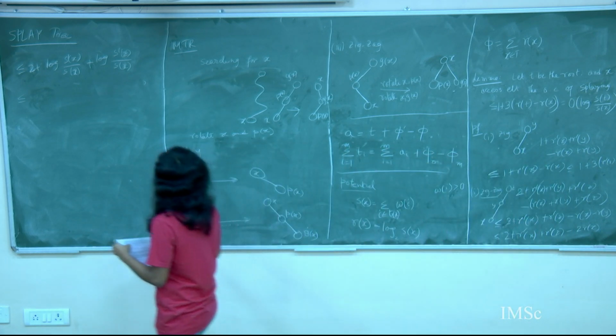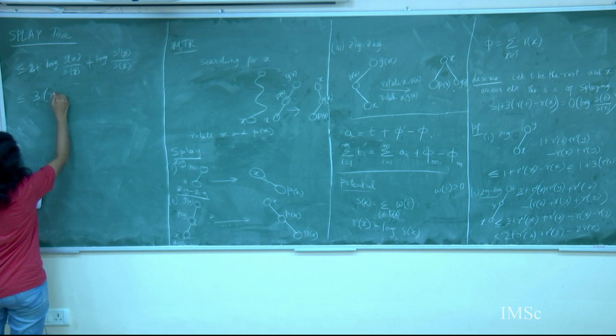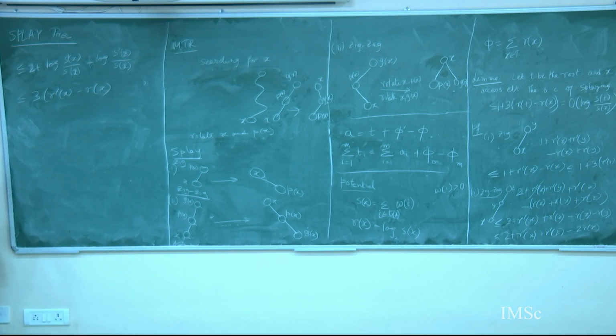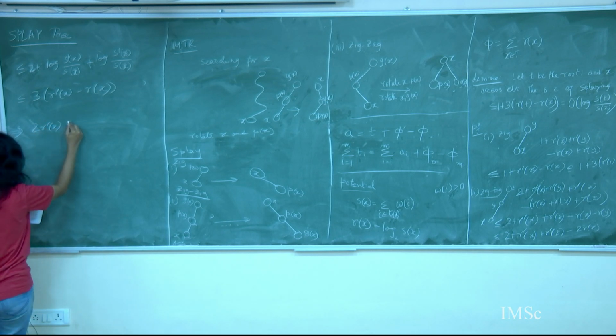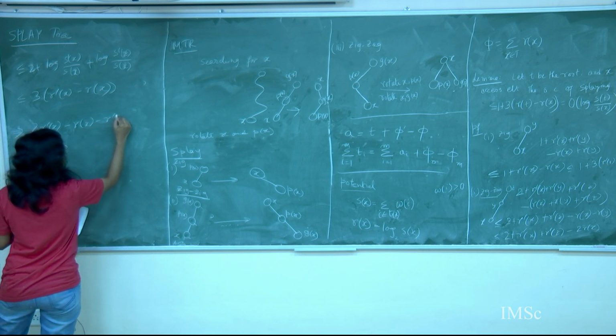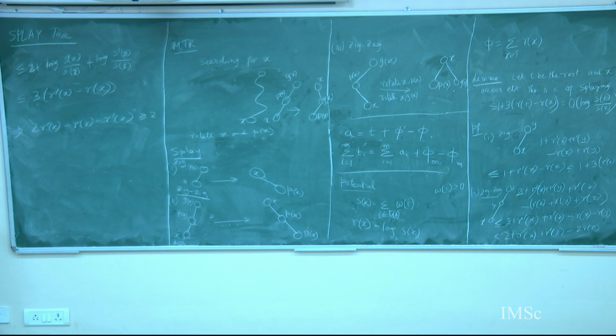Okay, so what do we want to prove? This is 3 r prime of x minus r of x. This is what we want to prove, right? So that implies I want to prove that 2 r prime of x minus r of x minus r prime of z is greater than or equal to 2.